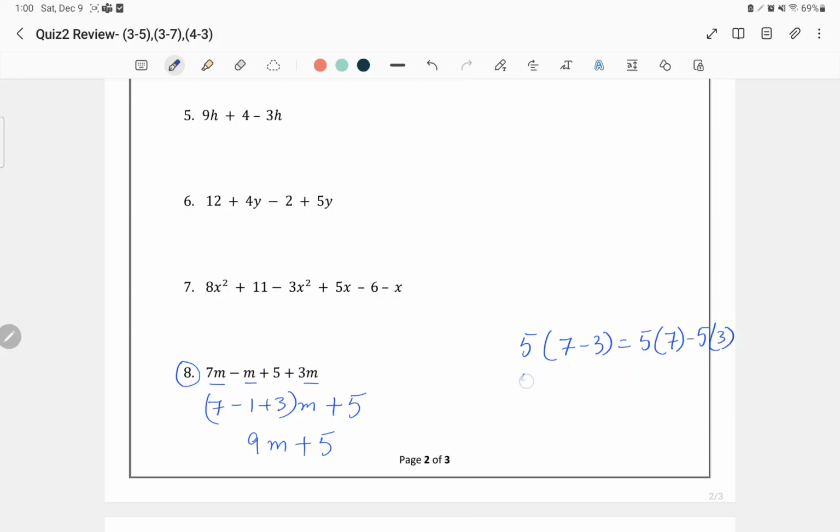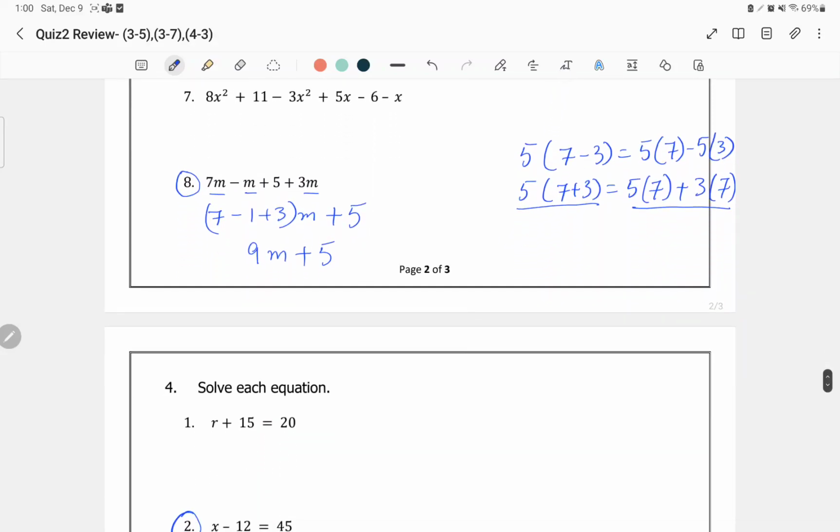And 5 times 7 plus 3 is the same as 5 times 7 plus 3 times 7. If you disagree with it, you can find the answer of this and of this, and you will see that both the answers on the left and right side are the same, and therefore the property is correct. It's true.